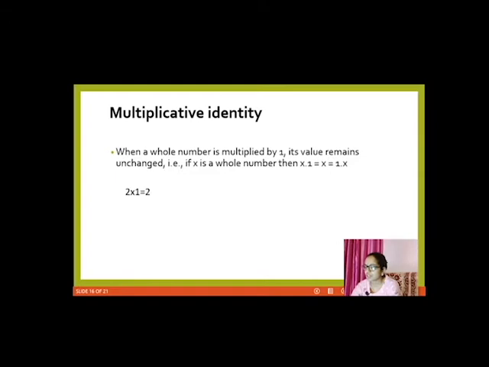So 1 can be considered the multiplicative identity in whole numbers. You take any whole number and multiply with 1, the answer will be the same whole number. Okay, so additive identity is 0, whereas multiplicative identity is 1. You take any number of examples and multiply with 1, you will get the same number as the answer.